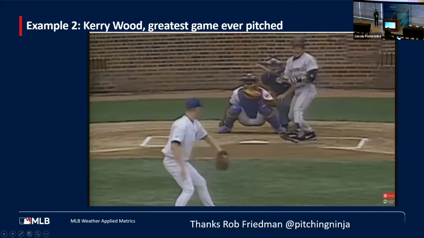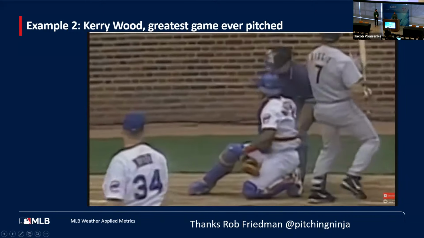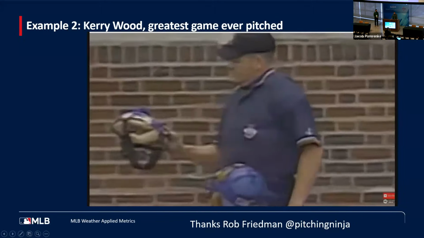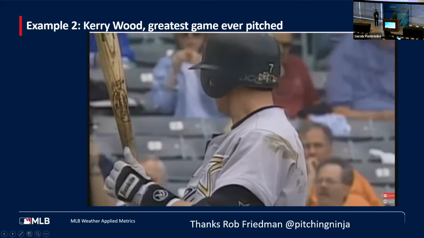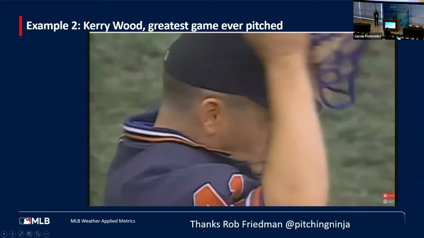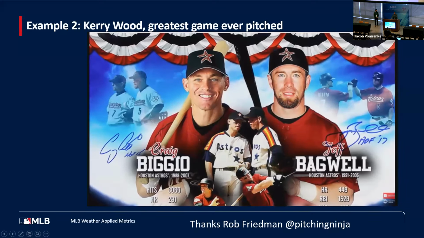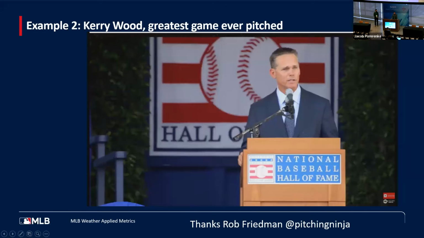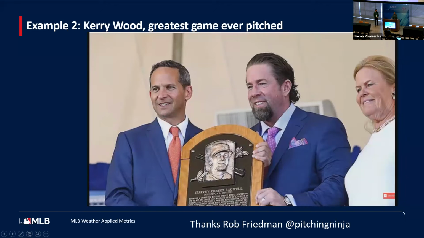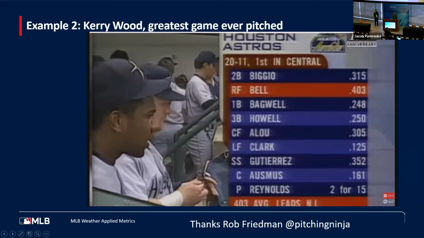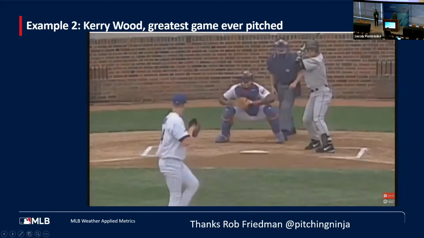After hitting Jerry Meals in the face mask with the first pitch of the game, Kerry Wood went on to just dominate a really tough Houston Astros lineup. I mean, this lineup had 2 Hall of Famers in it, Craig Biggio and Jeff Bagwell, and the Astros went on to lead the league in on-base percentage, so they were no slouch.